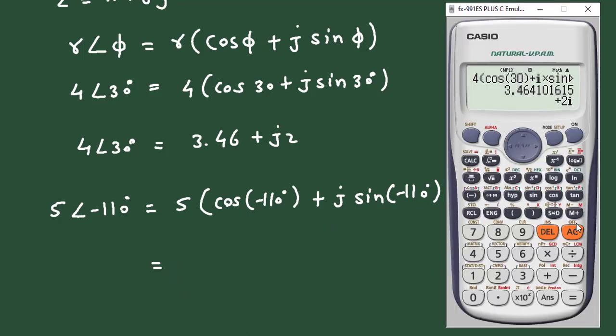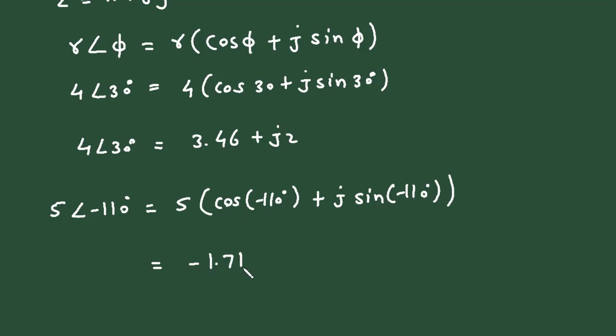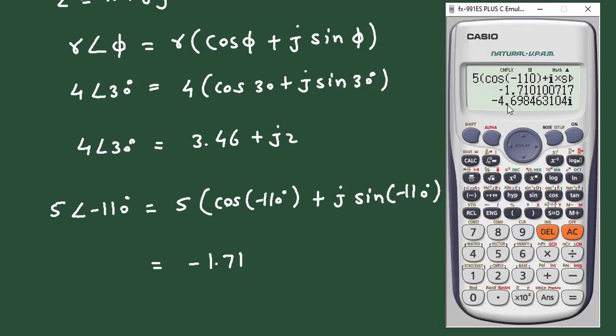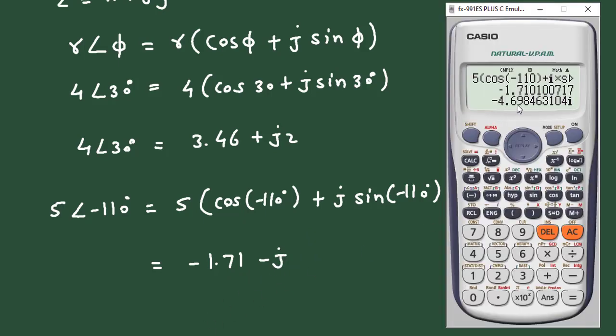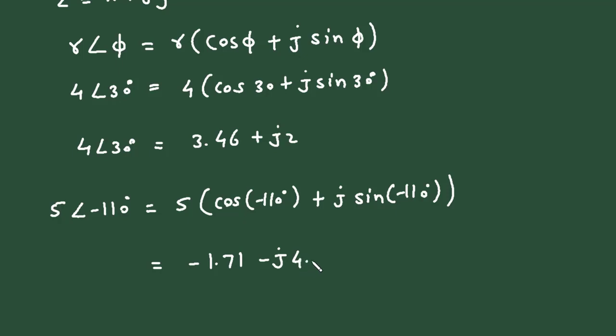So this will be 5 in bracket cos minus 110 degree plus j into sin minus 110 degree. So it is minus 1.71 minus j 4.69. So that is 5 at an angle minus 110 degree.